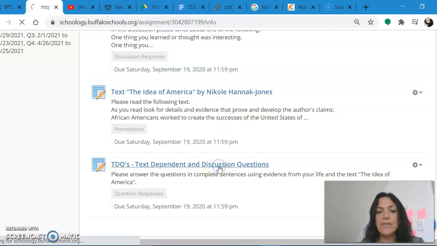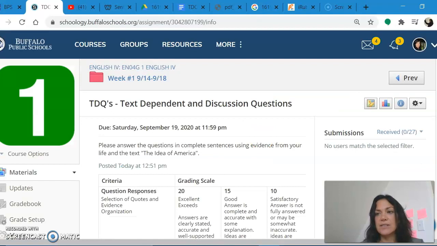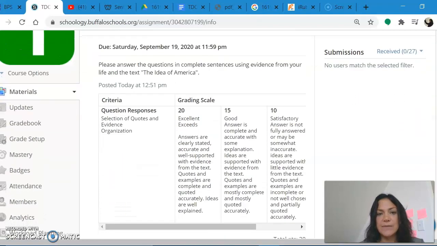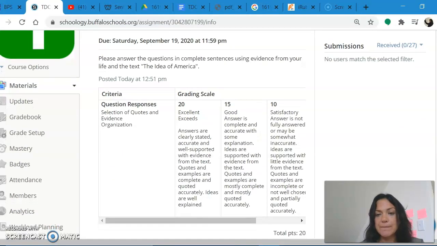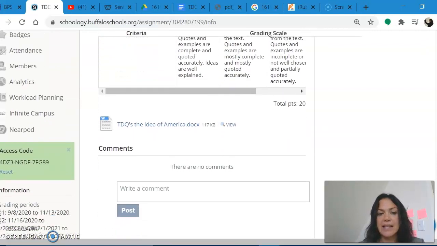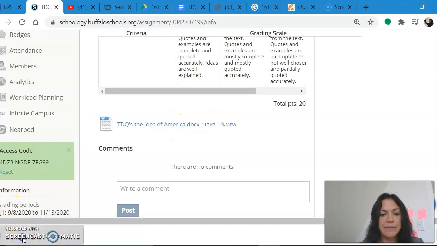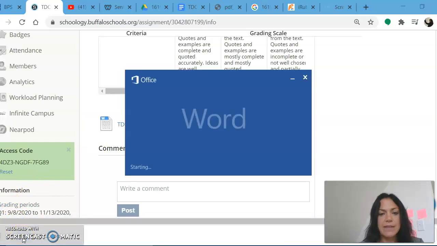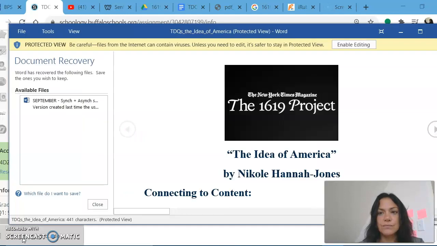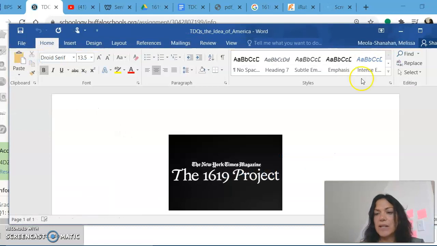Lastly, you have your text-dependent questions. So you'll see here your rubric, and if you click on this document here, you have 5 questions to answer this week about the text.